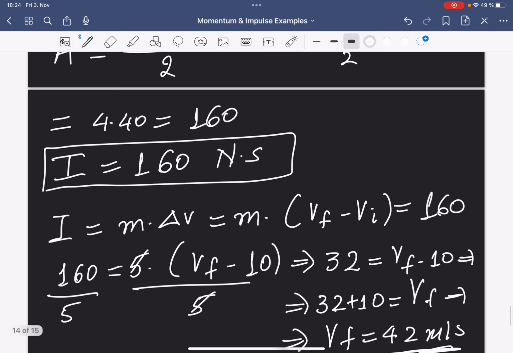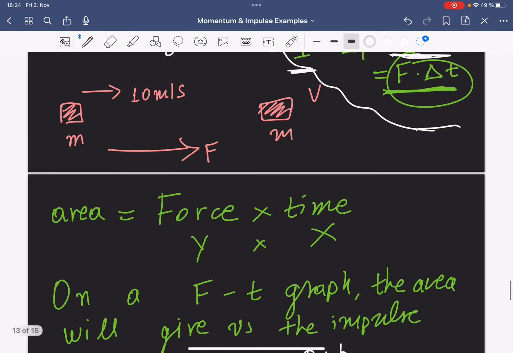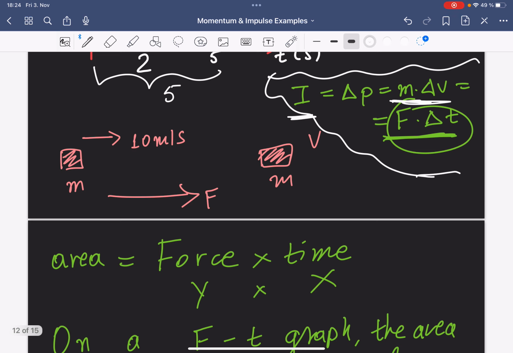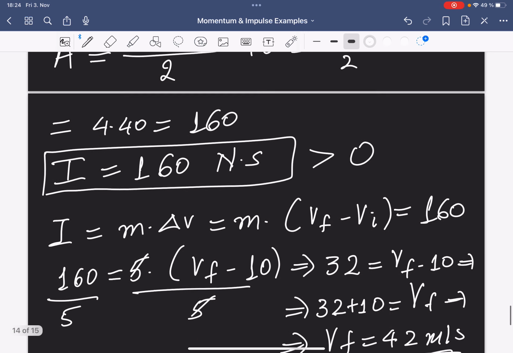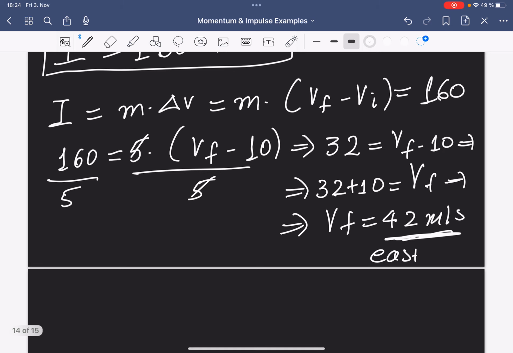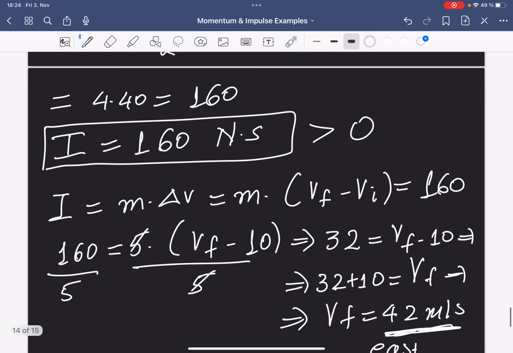Because we ended up in question A calculating a positive impulse, which means the force had a positive impact on the mass, which means it forced it to be accelerated in this direction, if this is the east direction. So positive impulse would mean that the velocity needs to increase and it has to go in the same direction. So the final velocity is 42 meters per second in magnitude and in the east direction.